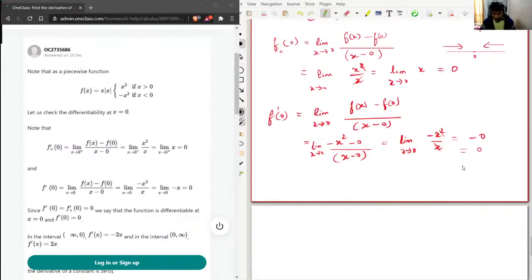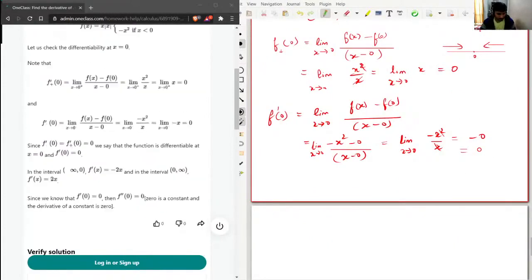So both the values are equal, and since f prime of 0 from left and from right is equal to 0, we say that the function is differentiable at x equal to 0 and f prime of 0 is 0. In the interval minus infinity to 0, f prime of x is minus 2x, and in the interval 0 to plus infinity, f prime of x is 2x.